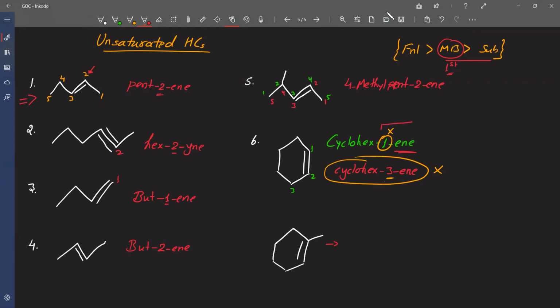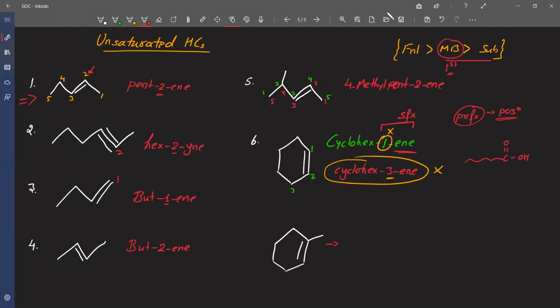This 1-ene is only for the suffix. For the prefix, the position is a must. But the suffix means the main name, like the family name of this compound. And if it is a double bond, we know that its position will be this. It is like a carboxylic acid: if there is a carboxylic acid, there will be C double bond OOH in the end always.